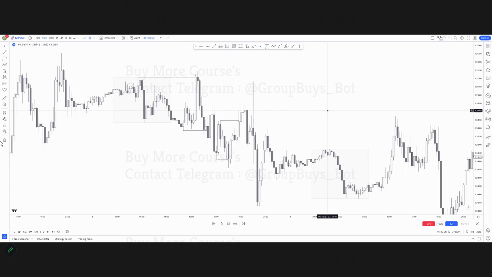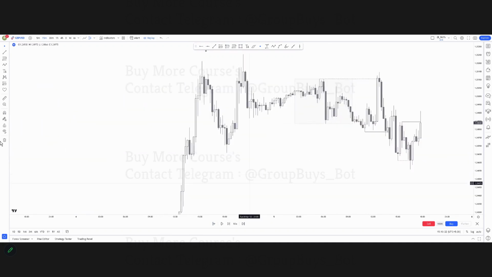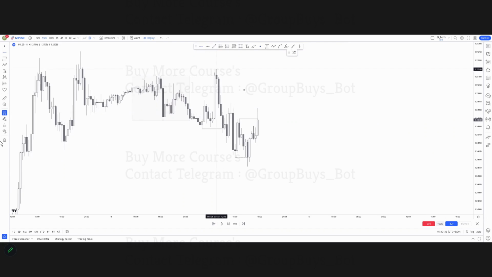What is internal range liquidity? Internal range liquidity is all the swing points inside the trading range. A trading range is basically from this high to this low. Every swing point inside this is what we call internal range liquidity.